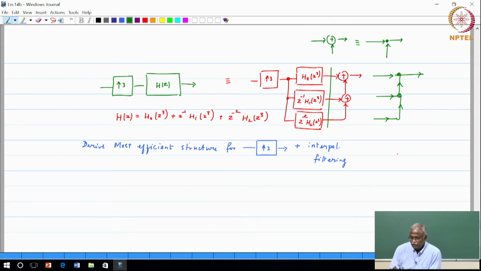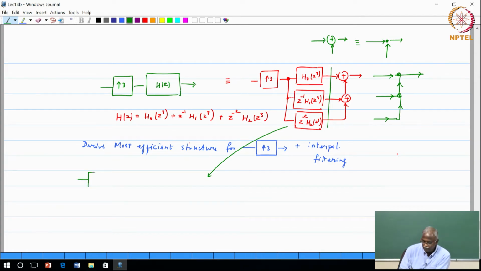Now of course, we would like to use the noble identities, but before that this structure can be rewritten as, instead of Z inverse H1 of Z cubed, interchange the order. Those are two linear blocks.